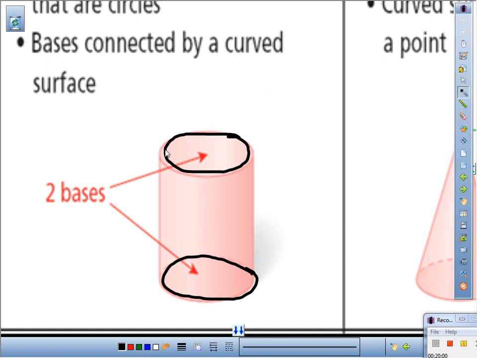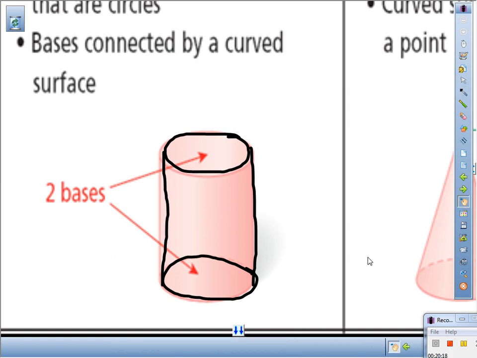Then you connect one side of the egg to the other egg, and the other side to the other egg, and there's your cylinder.